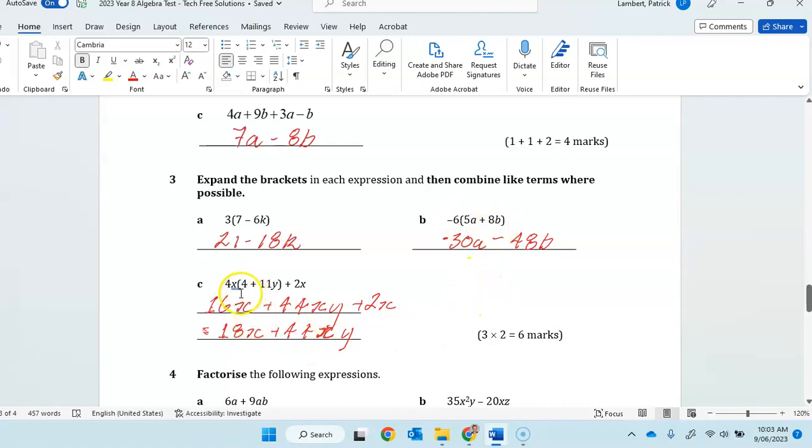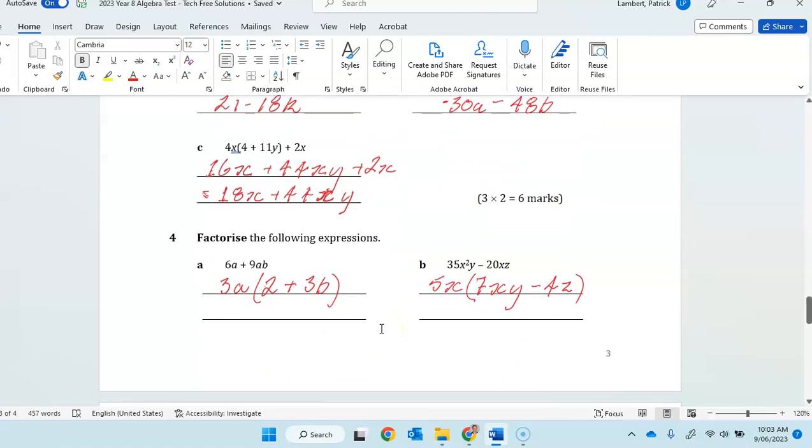This one here, 4x times 4 is 16x, 4x times 11y is 44xy, plus 2x, 16x plus 2x becomes 18x plus 44xy. Factorise the following. Highest common factor of 6a and 9ab is 3a, so it goes into 6a twice, and it goes into 9ab 3b times.